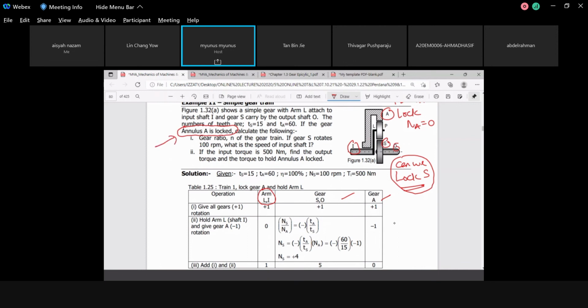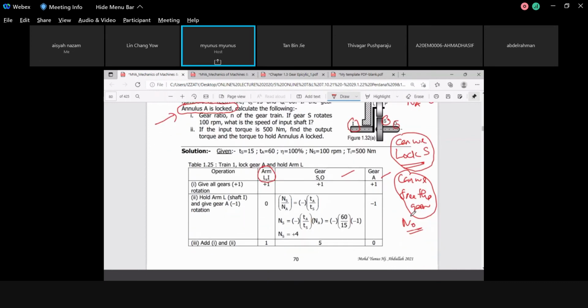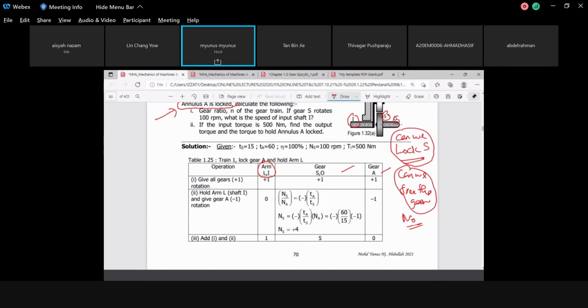Can you free the gear now? Yes or no? Can we free the gear? No. Why no? The question asks us to lock. Remember what I mentioned when you want to figure out what you need?